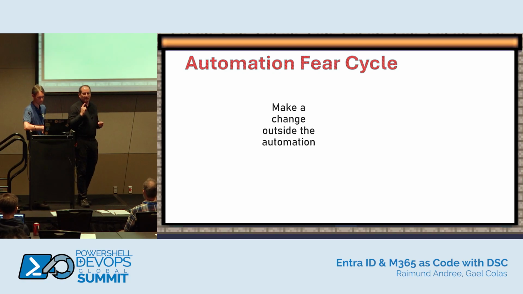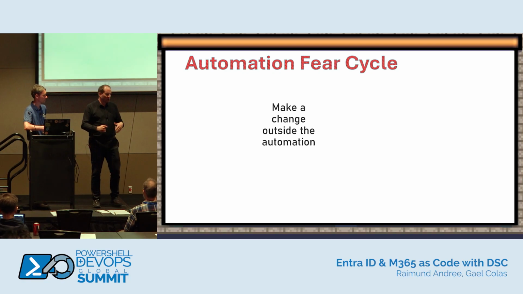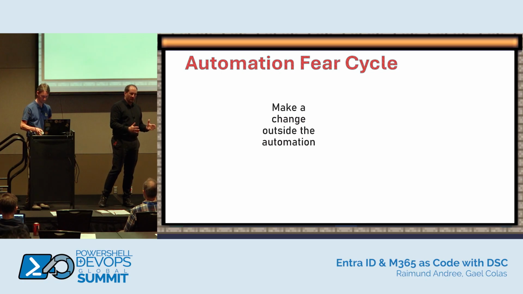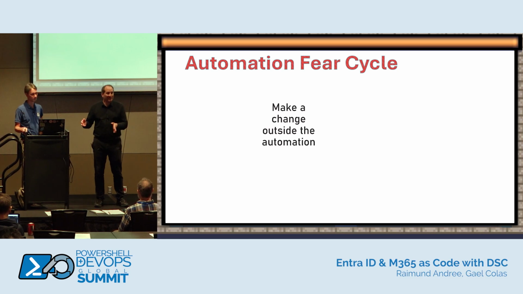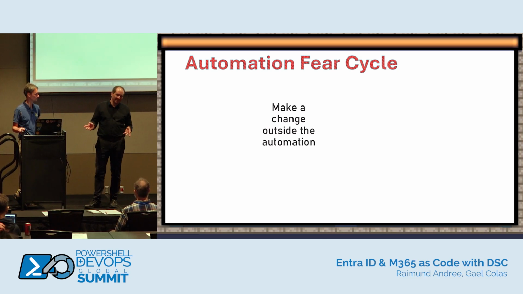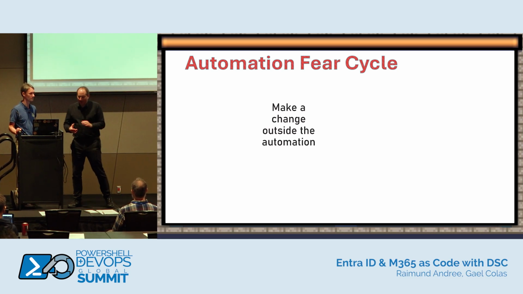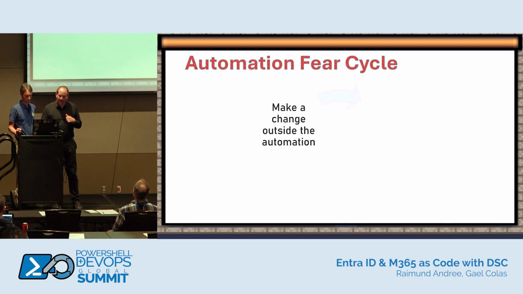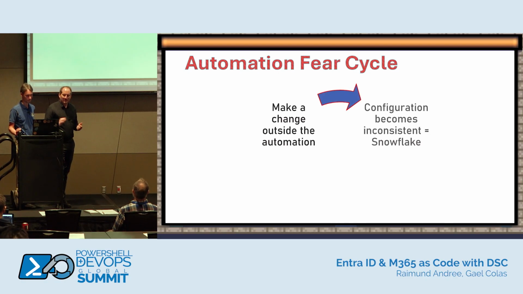As soon as you start making a change outside of your automation, say you have a script that does the configuration of the group, but someone is in a hurry and has the GUI open, so they do a few clicks and make a change outside the automation. The first thing that happens is the configuration becomes inconsistent with the automation.